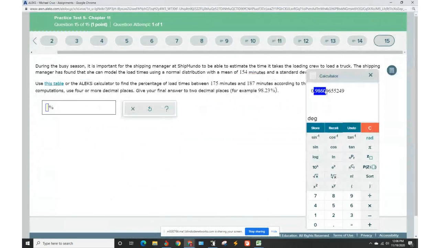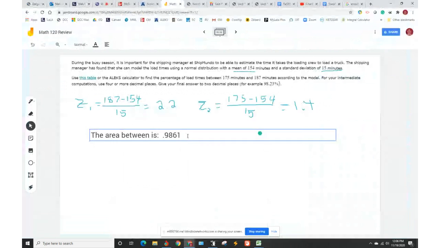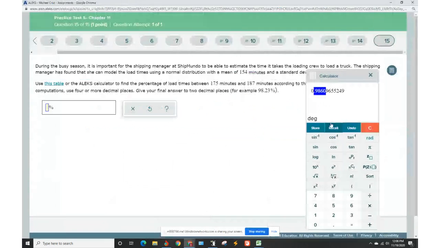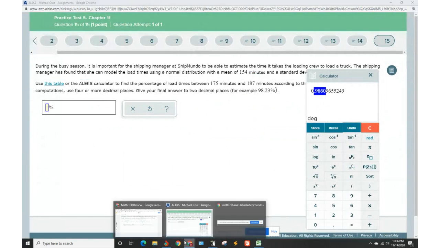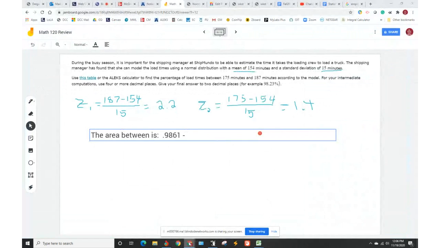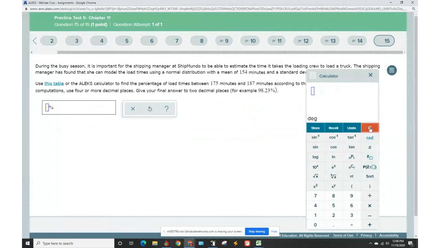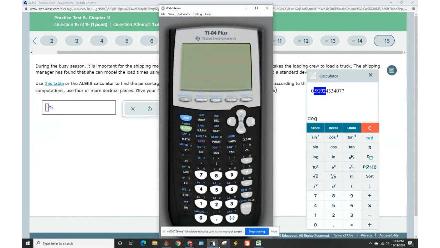So that 9's bumping it up to a 1. All right, and then this one, what was it? It was 1.4. So these are both large.